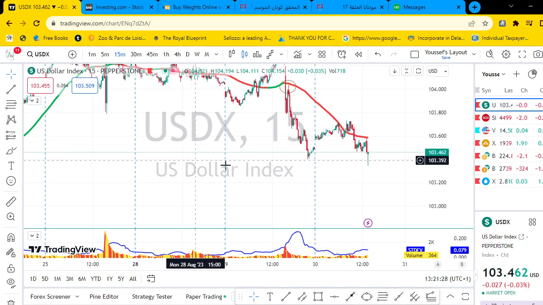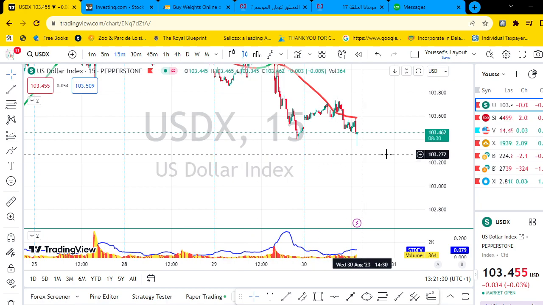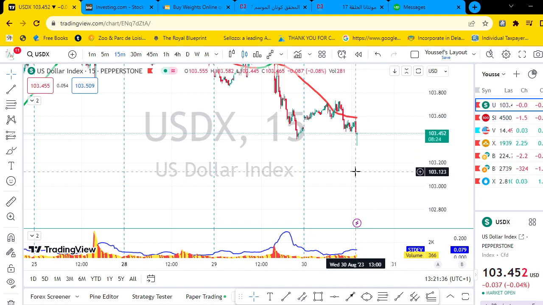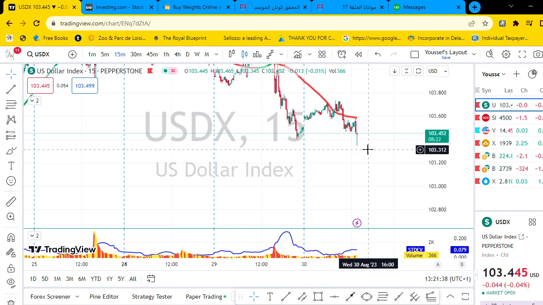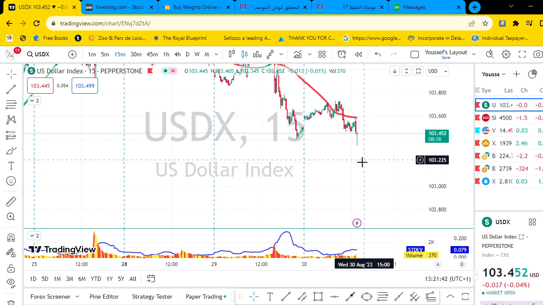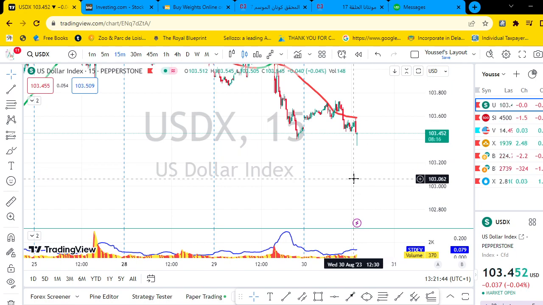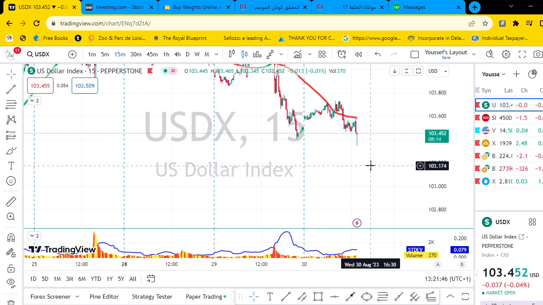As I told you before, you should watch this candle, the last candle before the time of the news release. Watch closely its behavior and see how it behaves and how it moves.